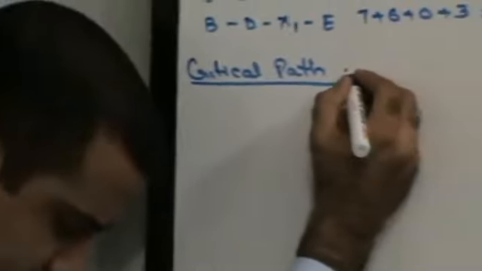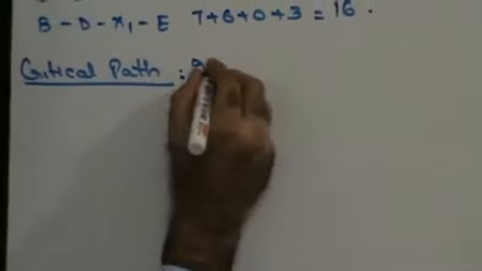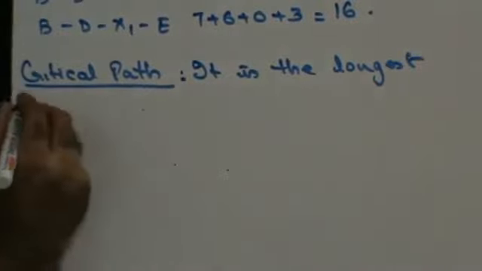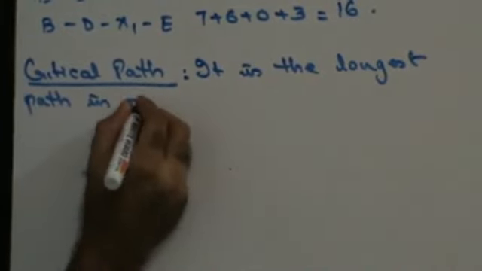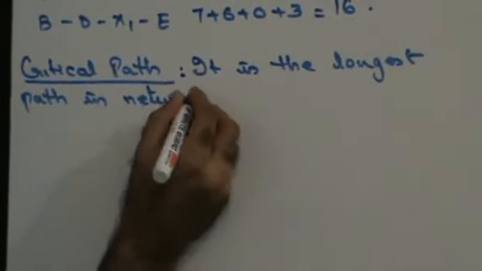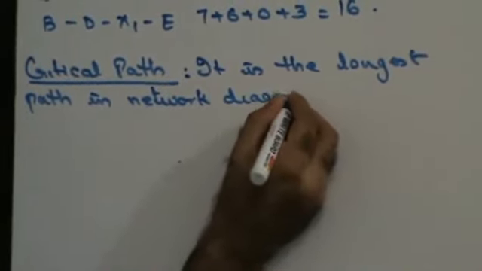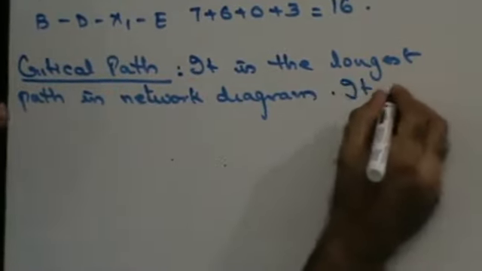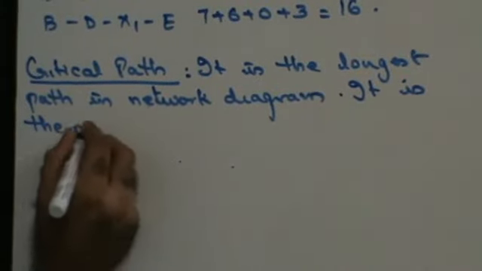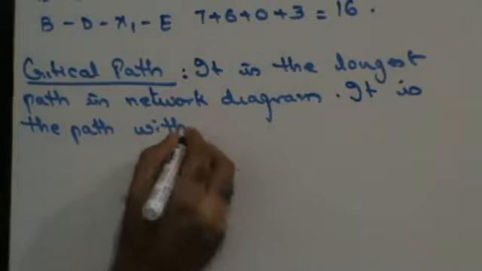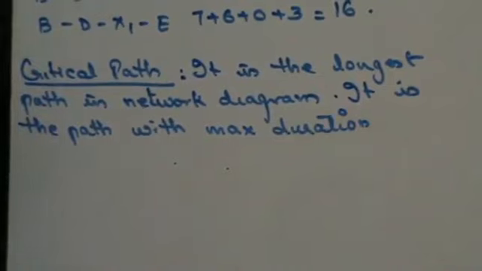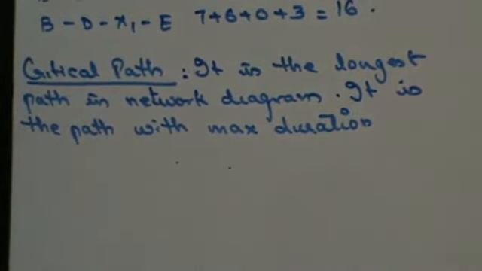I'll write the definition here: it is the longest path in network diagram, the path with maximum duration. From our example, it is very clear that the maximum duration is 17 days.